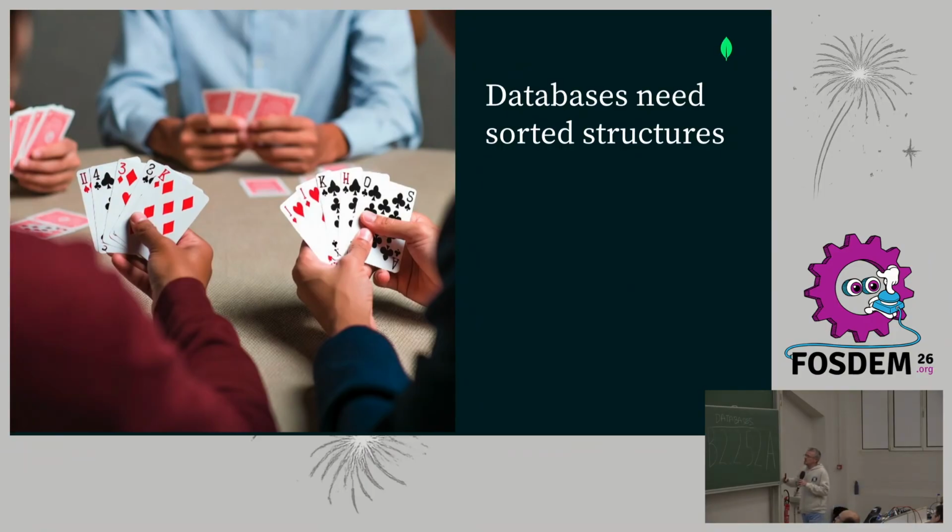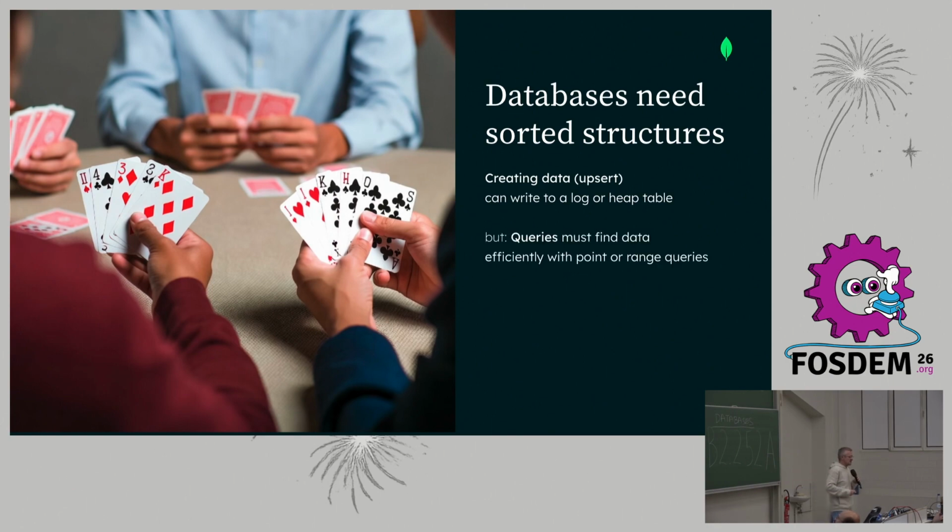Something that is sure in databases, you need sorted structures. You can write to a log, you can write to a heap table, but if you want to query some values, you need to get a structure to find those values. For point queries, the structure can use a hash or be sorted. For range queries, it must be sorted.